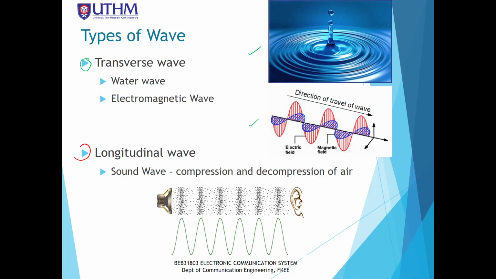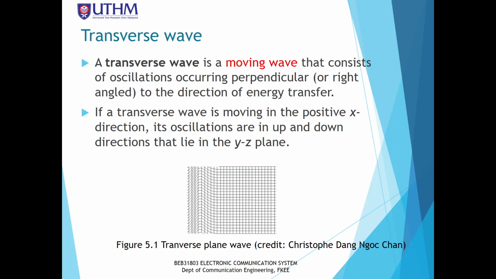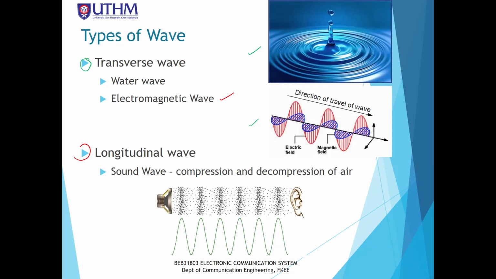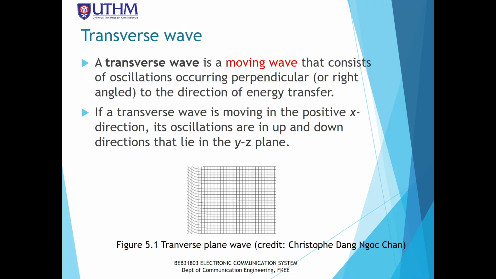So we're going to learn a lot about electromagnetic waves. Electromagnetic waves consist of both electric field and magnetic field. A transverse wave is a moving wave that consists of oscillation occurring perpendicular to the direction of transfer.